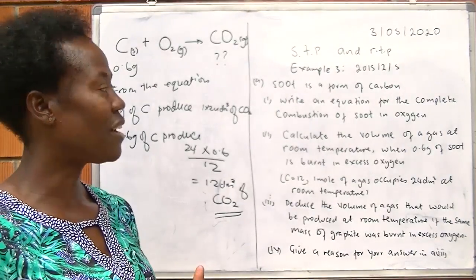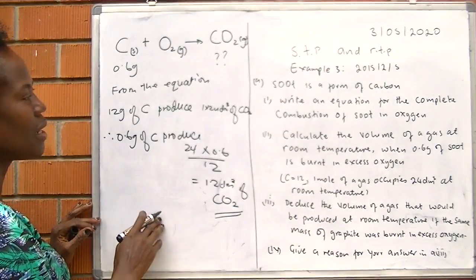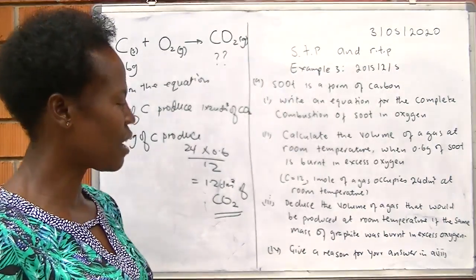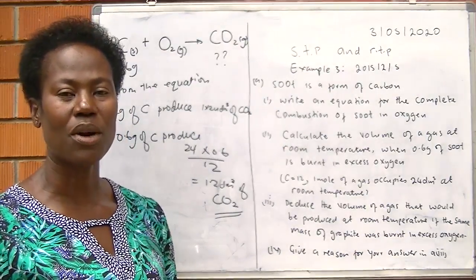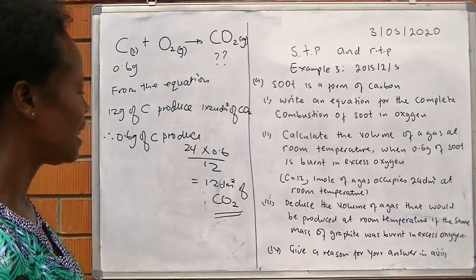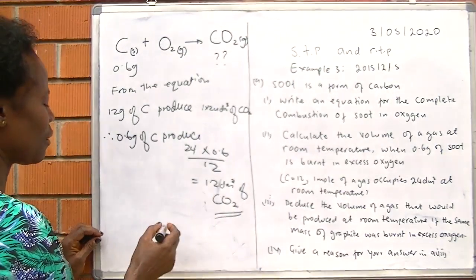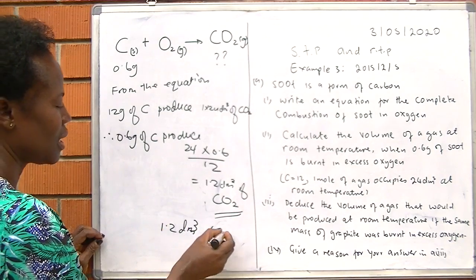An example of amorphous carbon is soot. So graphite is also carbon. If we burn graphite, an equivalent mass of soot in excess oxygen, we are going to get the same volume of carbon dioxide at room temperature. Therefore, Roman number 3, the answer will be 1.2 cubic decimeters of carbon dioxide.